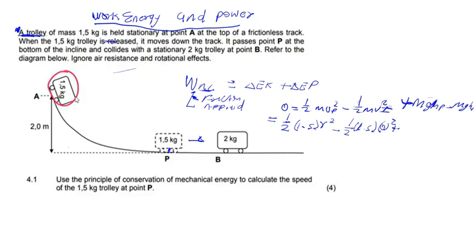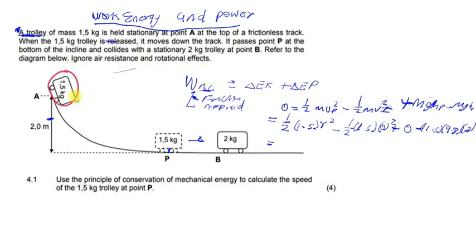For final, we know that there's no height here, so we substitute 0, which will give us 0. Then minus 1.5 times 9.8, and then the height is 2 for the initial part, because here is our 2.